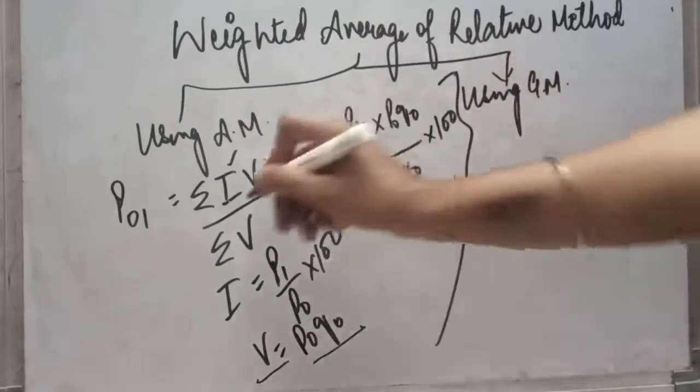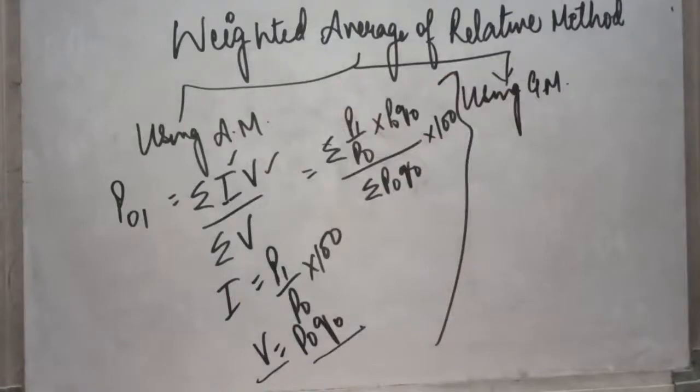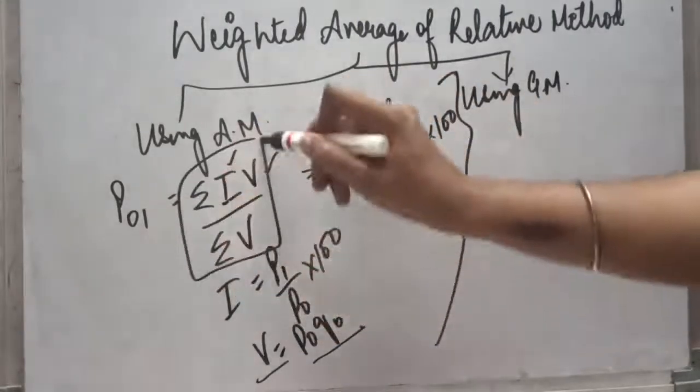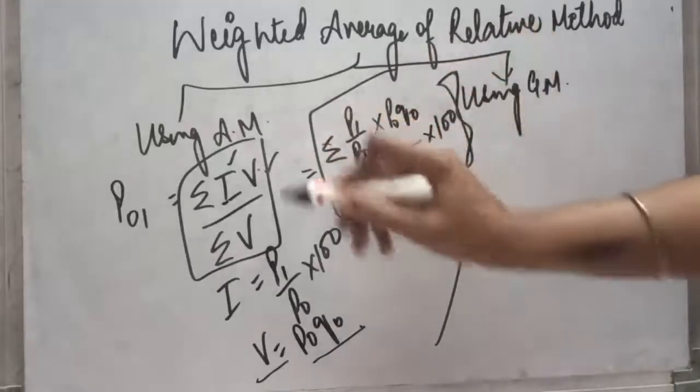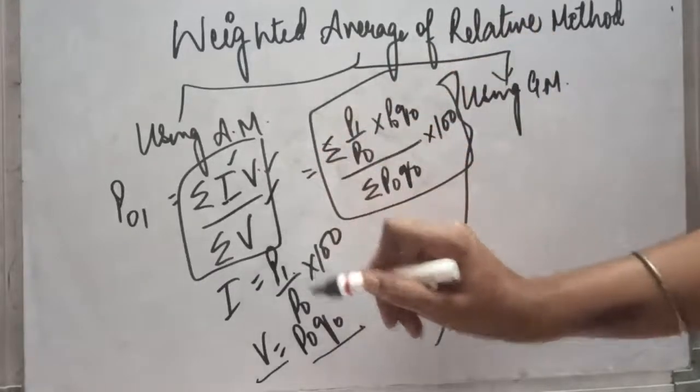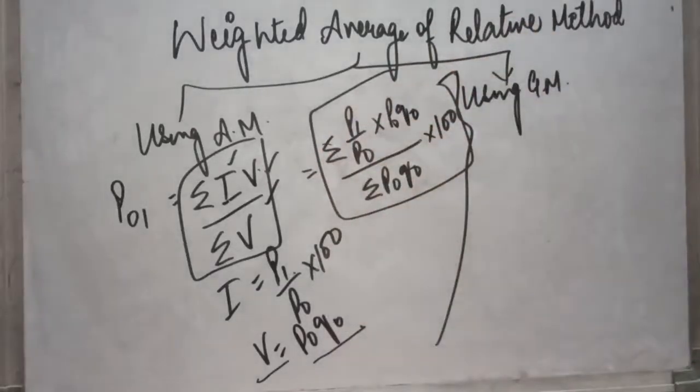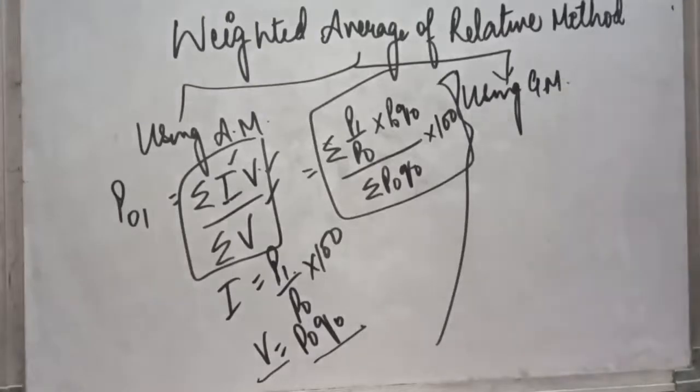So this is the shortcut way to write it, and this is the long explanation of it. Otherwise you can simply write this formula, and below write these two values. The formula is sigma IV divided by sigma V, where I stands for P1 upon P0 into 100 and V stands for P0 Q0. When you have been told to use the arithmetic mean, this formula is okay.